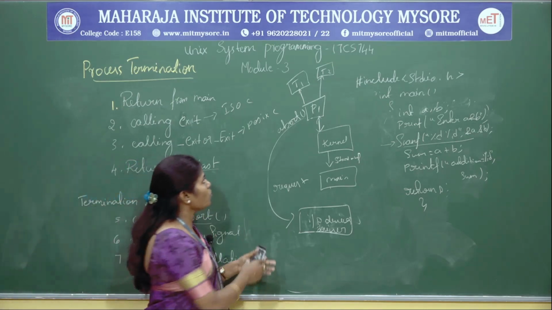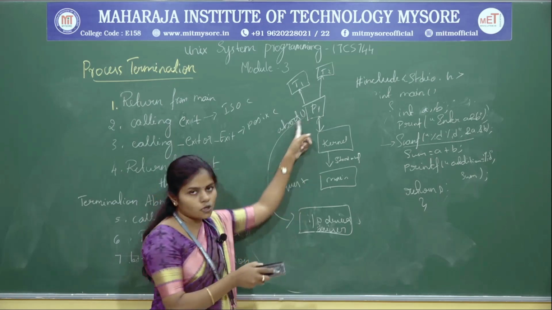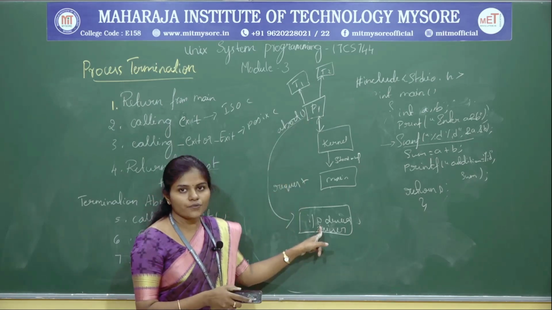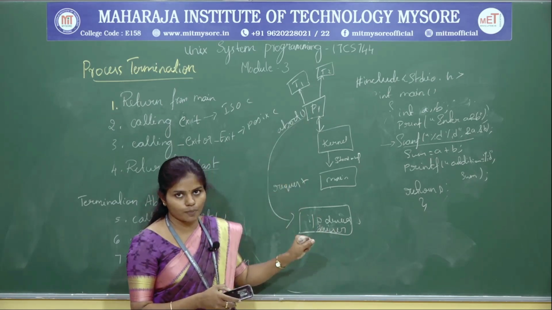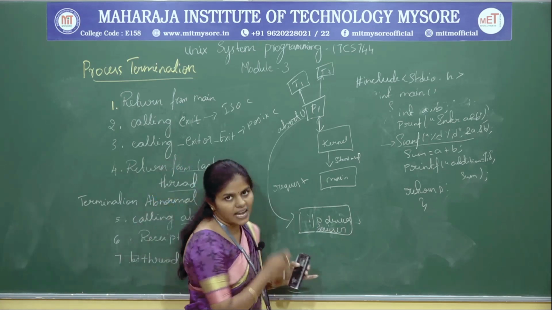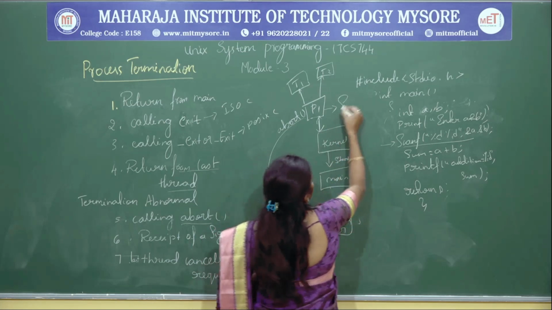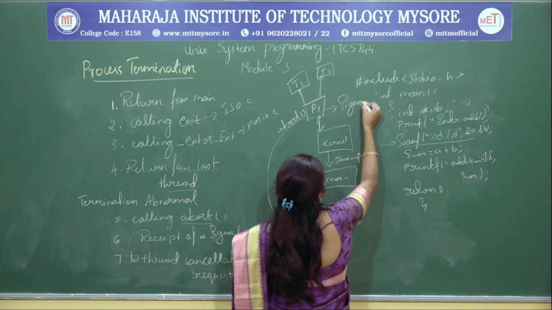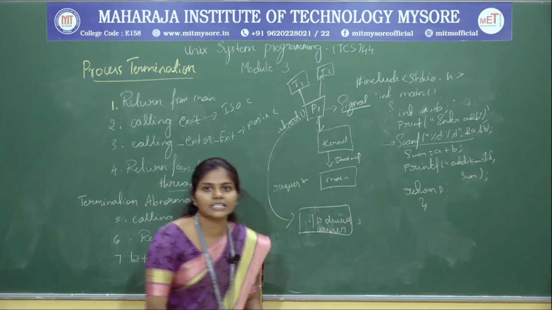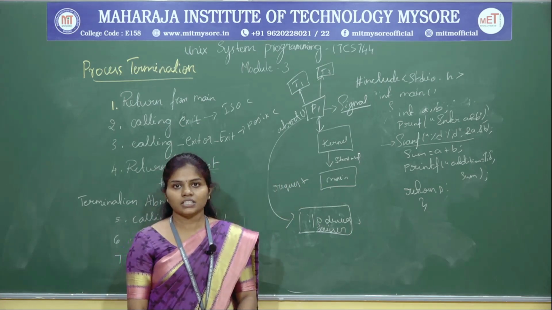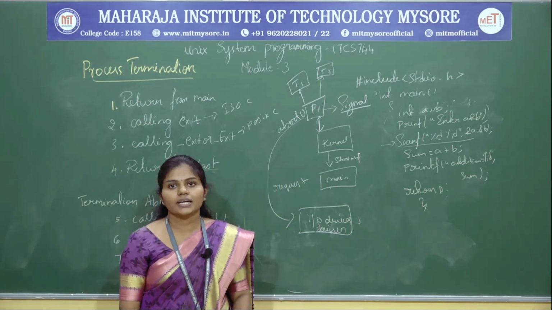See here, one more thing: while the control is given to the input device for taking the input from the user, in the meantime the process is going to be interrupted with a signal. So what is that signal? It is nothing but a software interrupt.